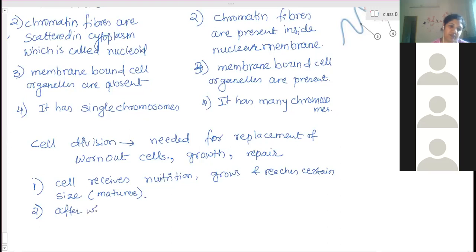After which it divides into two cells. These cells are called daughter cells.